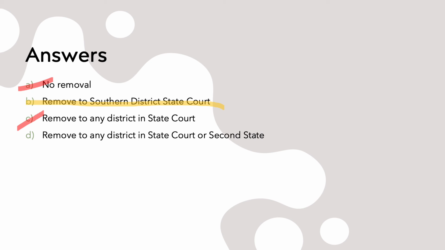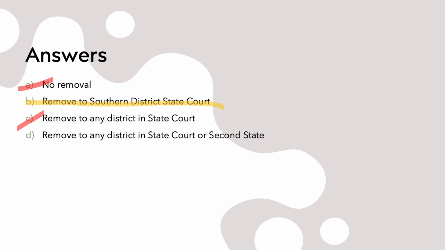And then finally, D says to any district in state court, and we know that's wrong because that's still too broad, or second state. This one's interesting because that one defendant, I think it was the arresting officer, lived in second state. We know that this is wrong because it's proper venue for the case to be removed to the district where the case is currently pending, right?